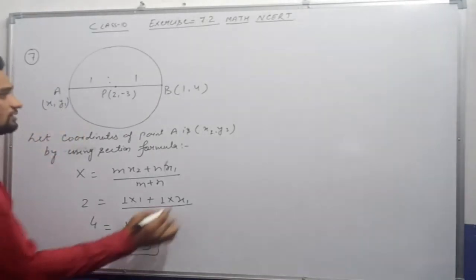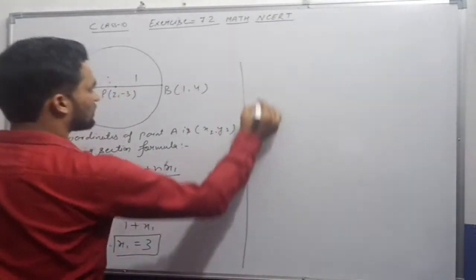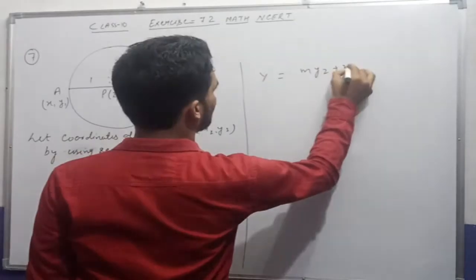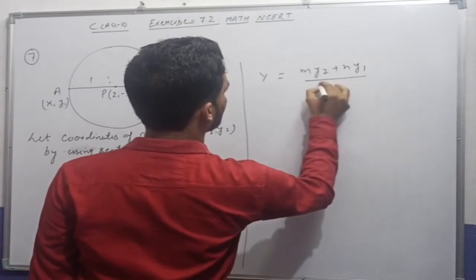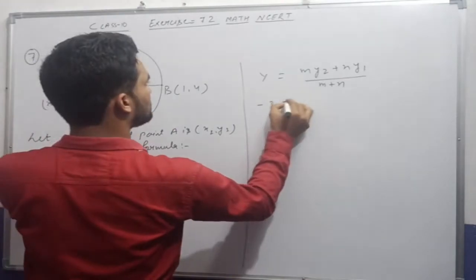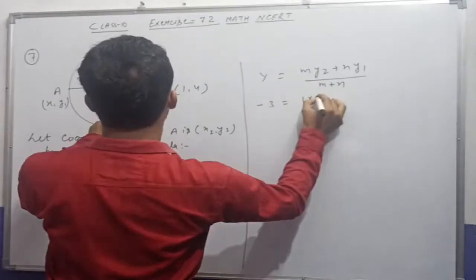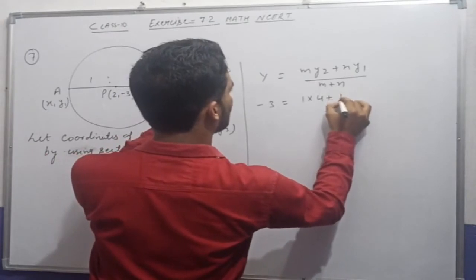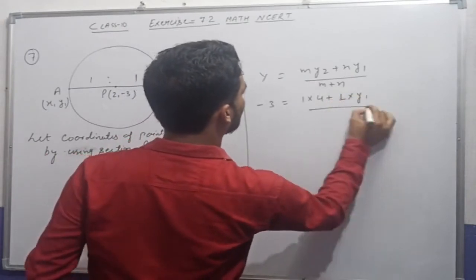Value of x1 is coming 3, and similarly y is equal to (m y2 plus n y1) upon (m plus n). So value of y is minus 3, is equal to 1 into y2, 4, plus 1 into y1 we have to find, upon 2.